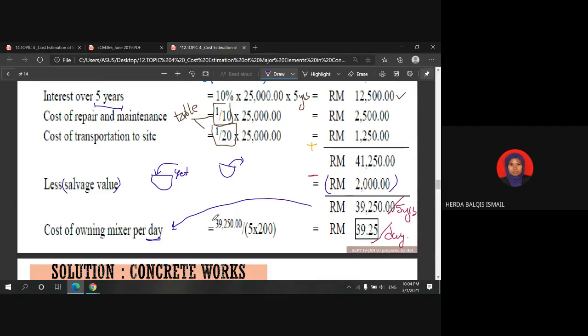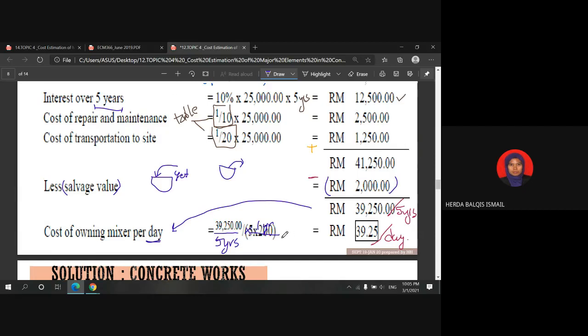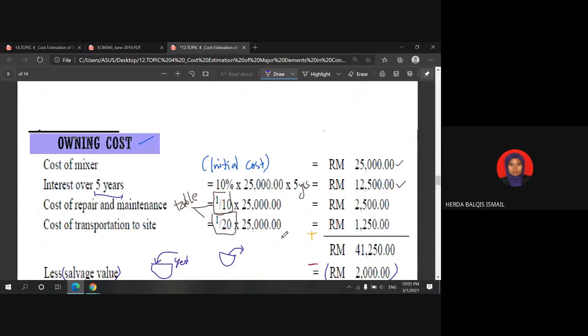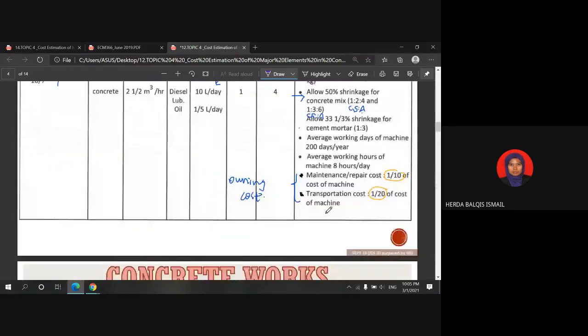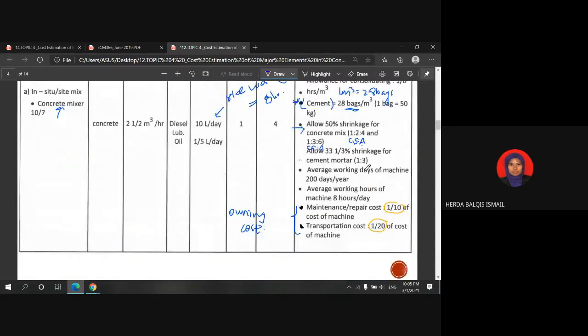We know that 39,250 ringgit is over 5 years, and in 1 year the standard working days of a machine is 200 days.